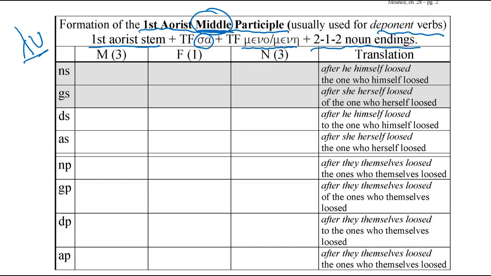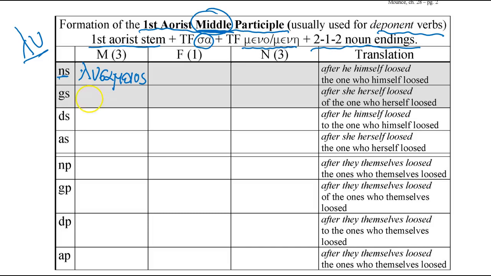So if I wanted to use the nominative singular masculine forms, I would have the verbal root lu, sa as our aorist tense formative, men, nos as my participle with the second declension case ending.